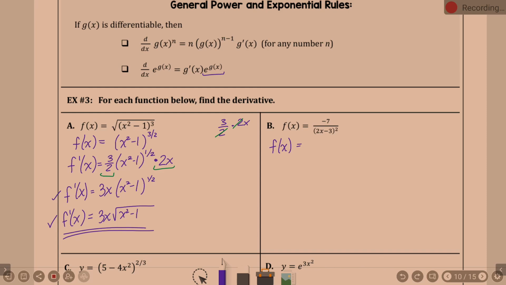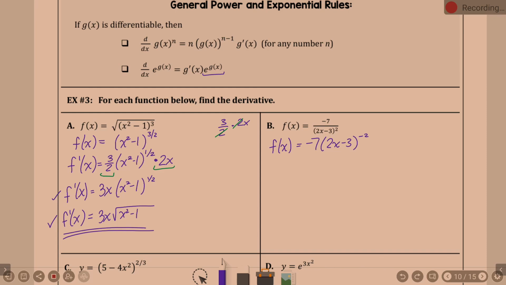If negative 7 on top had a variable in there, I would be talking quotient rule. But since it doesn't, bringing that denominator up, this is negative 7 times 2x minus 3 to the negative 2nd power. And then that negative 7 just acts like a coefficient.